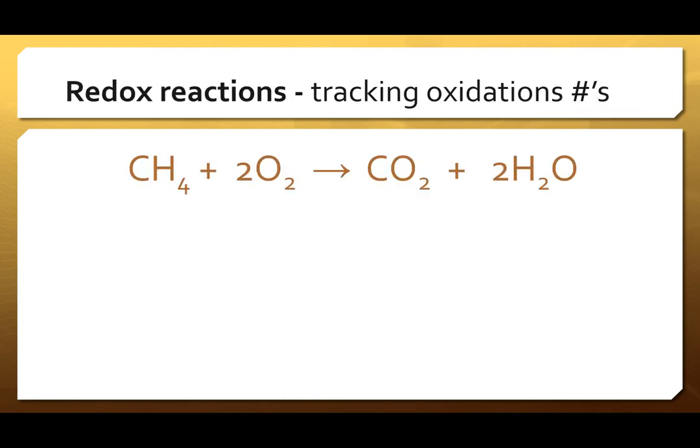So let's look at this chemical reaction and determine who was oxidized, who was reduced, and then maybe who stayed the same. So the first step is going to be establishing oxidation numbers. So we've got a carbon, we've got a hydrogen, and we've got an oxygen. Thinking back to our hierarchy list, rule number 1 is free elements have an oxidation number of 0.